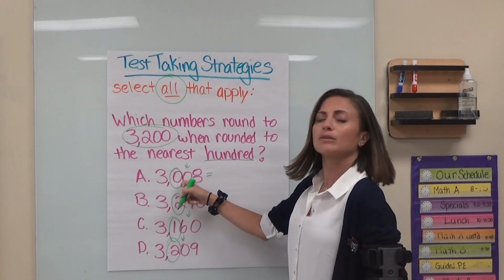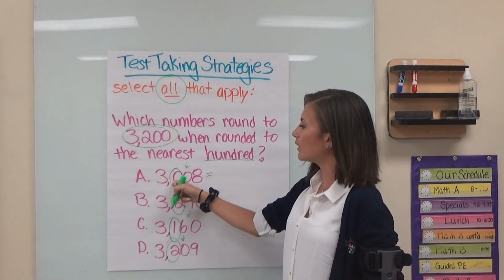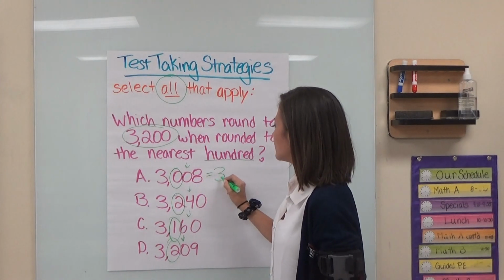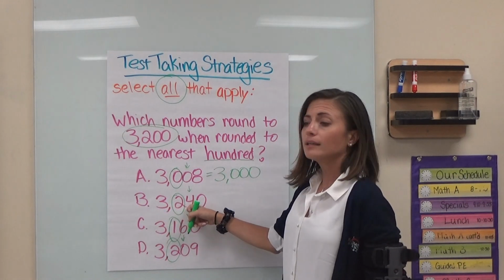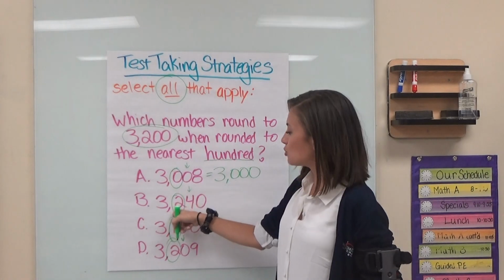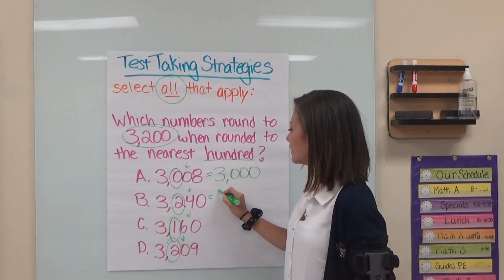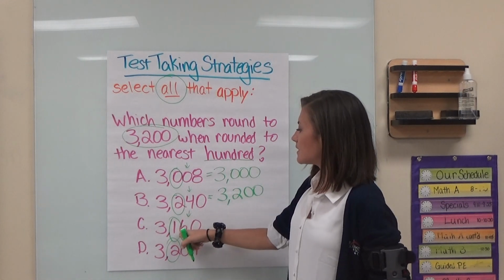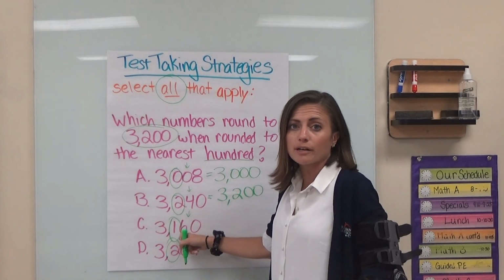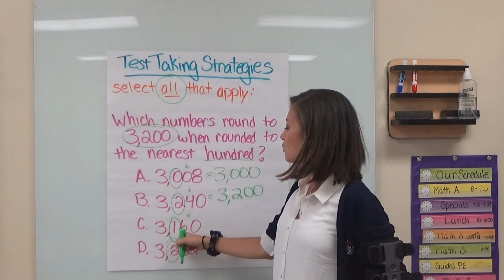0 is 4 or less, so that means I'm going to let this rest, and my answer is 3,000. 4 is 4 or less, so my 2 is going to rest, and my rounded answer is 3,200. 6 is 5 or more, so that means I need to raise the score.